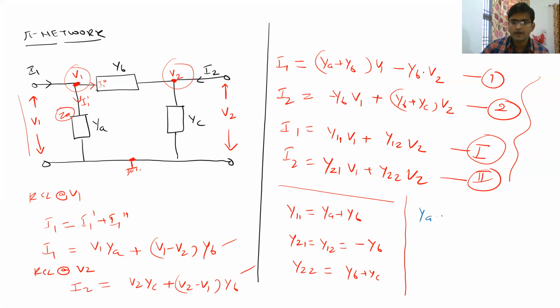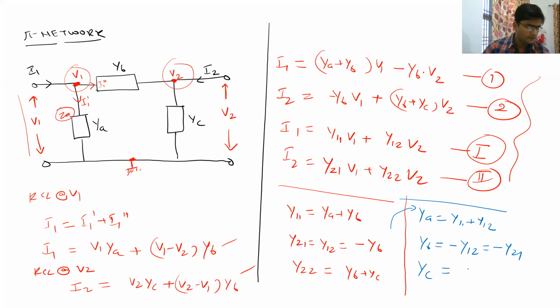So you will get YA is equal to Y11 plus Y12, and YB is equal to minus Y12, which will also be equal to minus Y21, and YC will be equal to Y22 plus Y12. So for any pi network, you can convert it into an equivalent Y parameter two port network.